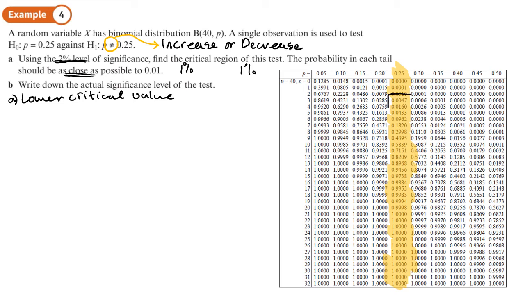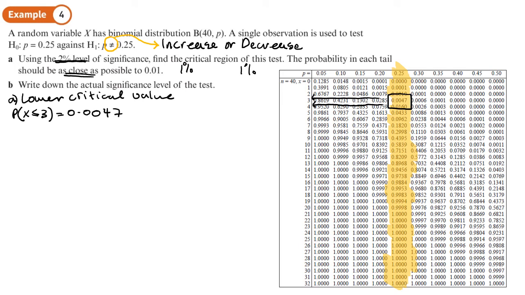Now let's have a look. One of those is closer to 1%. So that one is 3, this one is 4. So when the probability of what I observe is less than or equal to 3, that is 0.0047.